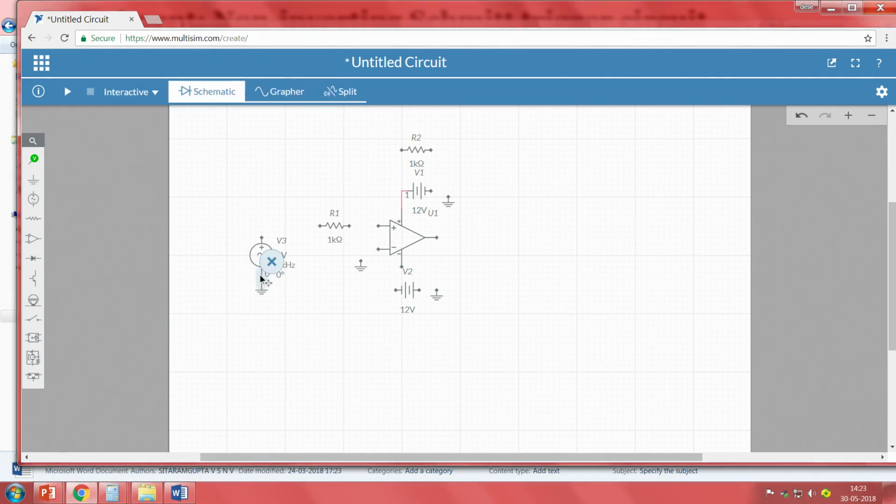When you click it, it will connect, right. Similarly from here, just go here and click, and again from the resistor to the positive terminal, and this resistor to this positive terminal, and the other end of the resistor has to be connected to V out.